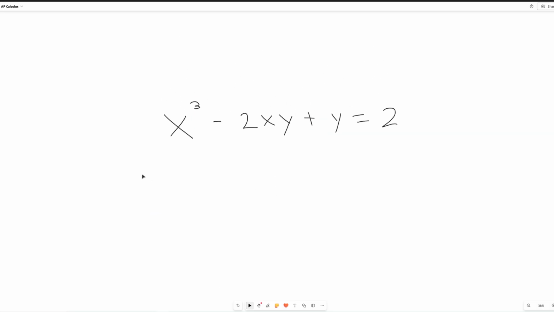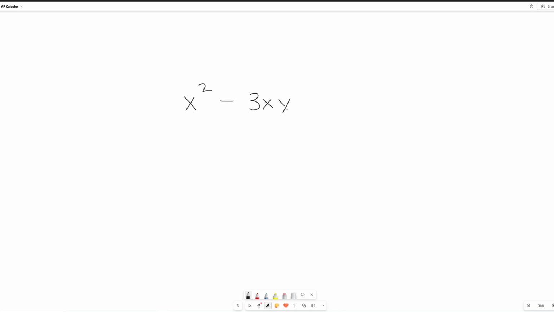Now, we'll do this again with, let's take the function 3xy plus ln of y equals 1. So, let's do the same process as we did before.